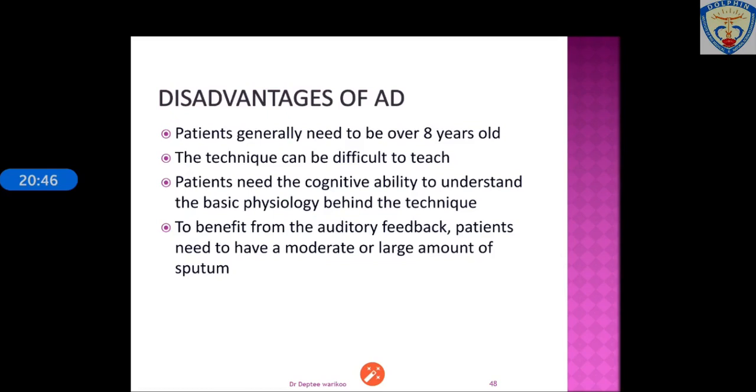Then repeat the cycle. You will see there is crackling of mucus and then breaking of mucus, and then you will see that the mucus is coming out. We can do autogenic drainage in conjunction with other airway clearance devices like PEP.